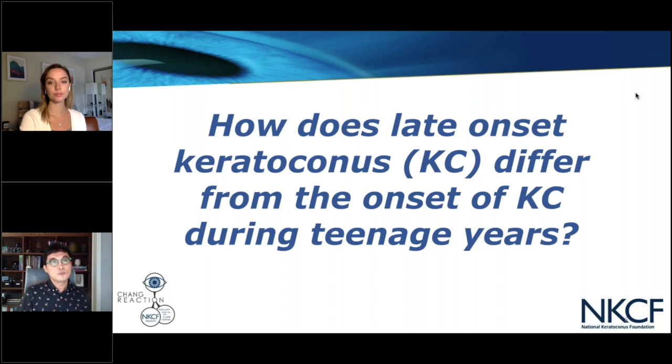And lastly, we also know that there are risk factors associated with faster progression, regardless of which group of patients you're in, whether it's the earlier onset or the later onset. So what are some of those risk factors? Well, one of the prominent ones, and one of the few modifiable ones, would be chronic and heavy eye rubbing.